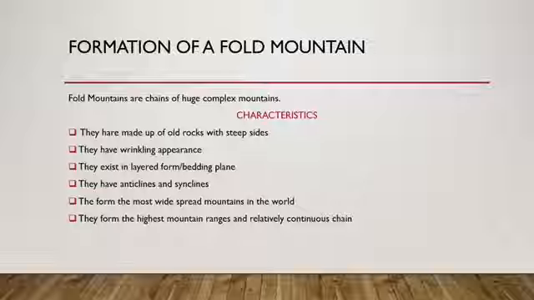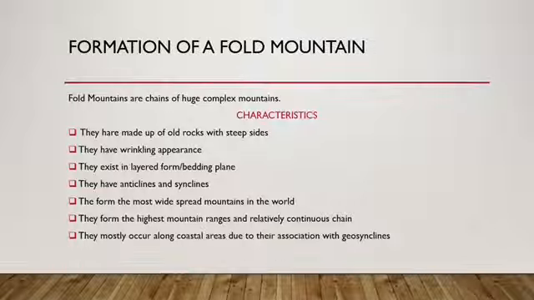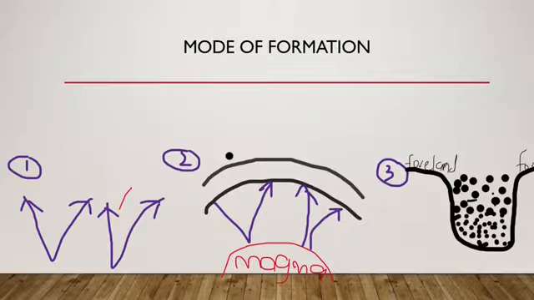Very good, Mount Everest, found in the Himalayas. They also mostly occur along coastal areas as a result of what? Geosynclines. Geosynclines are depressions within which sediments are accumulated, and so because of the presence of geosynclines, they are mostly found within coastal ranges.